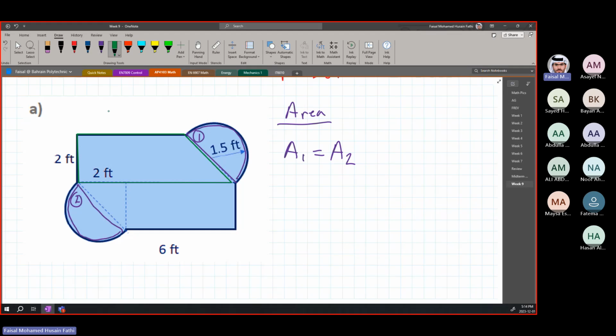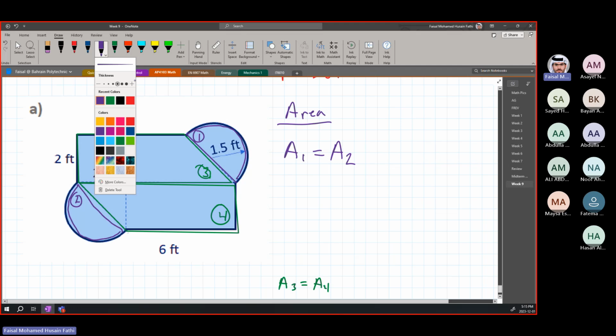We have this shape over here, shape 3. And the same thing at the bottom here. Okay, this is shape 4. And we know that A3 is equal to A4. Okay, so let's start with A1 and A2.